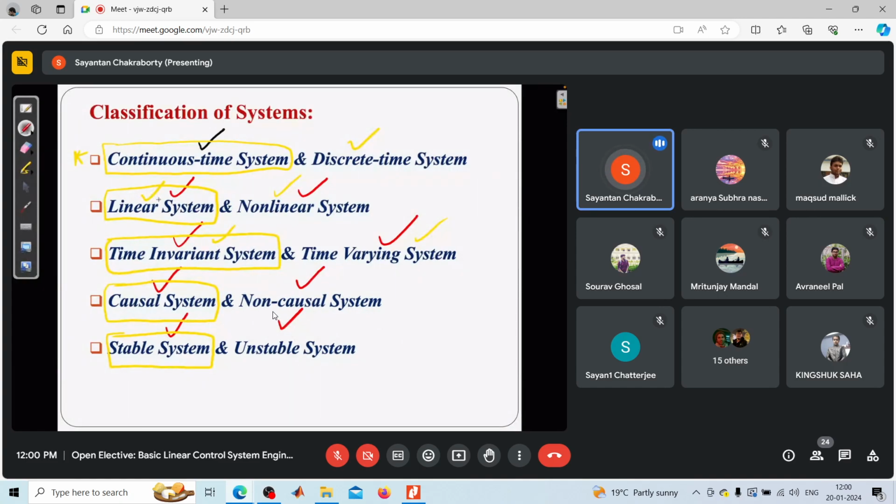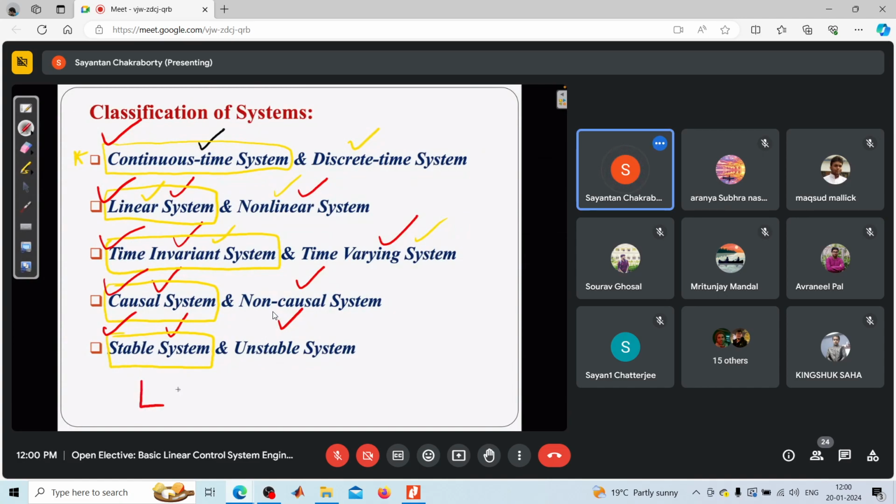It cannot simultaneously be linear and non-linear. If it is non-linear, it can never be linear. If it is time invariant, it can never be time varying. Right? So that is why if you select any one from each and every row, you have to stick to it. So in our scenario, in our analysis that will follow, we'll consider continuous time, linear, time invariant, causal, stable system.